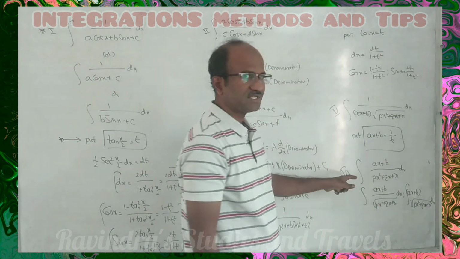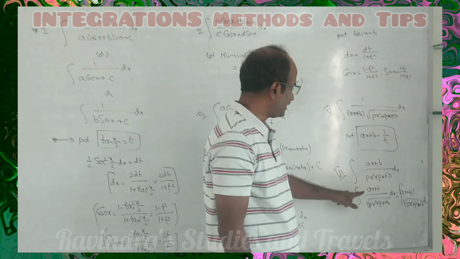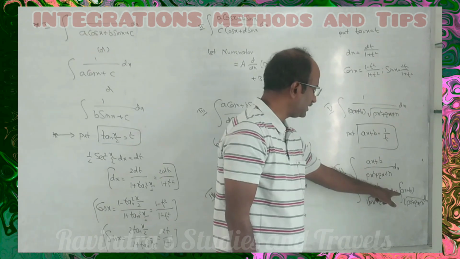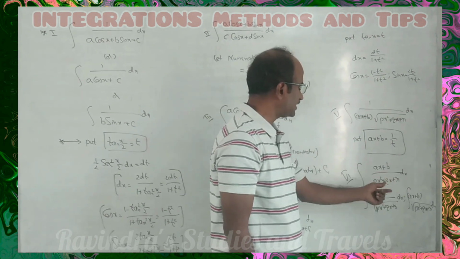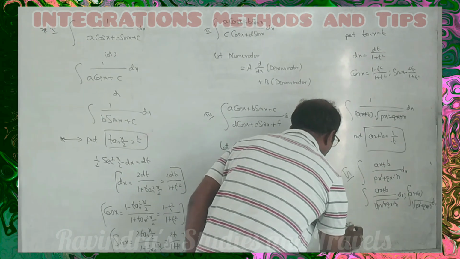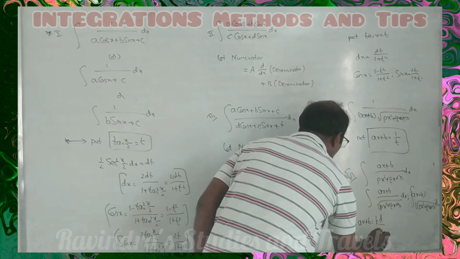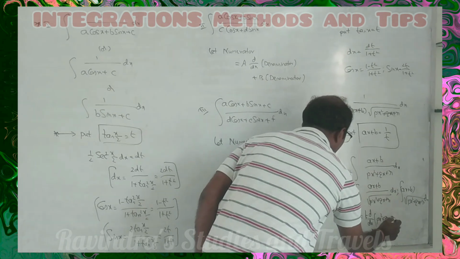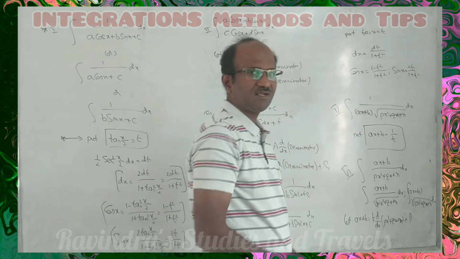So here three models are there. When you see integration of these three types, we have to take the linear factor: let ax plus b is equal to k into the derivative of the quadratic px square plus qx plus r plus l, and proceed accordingly.